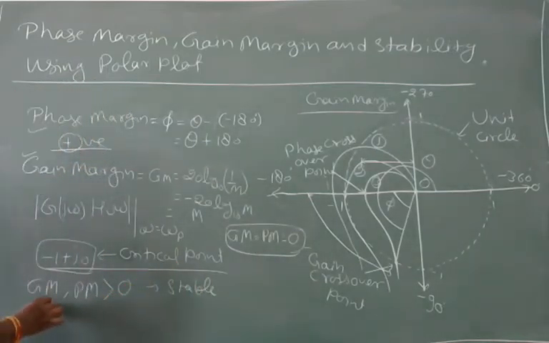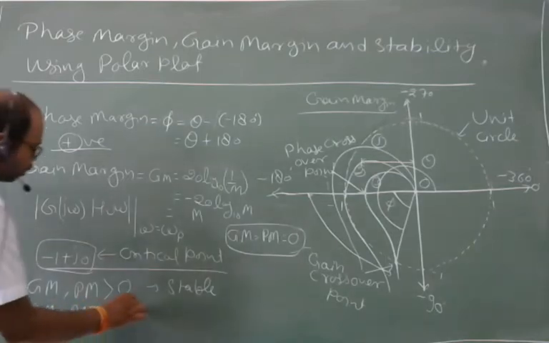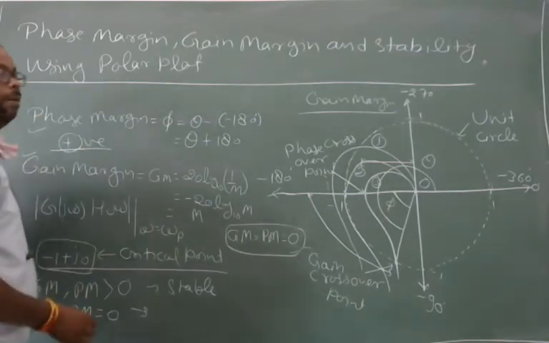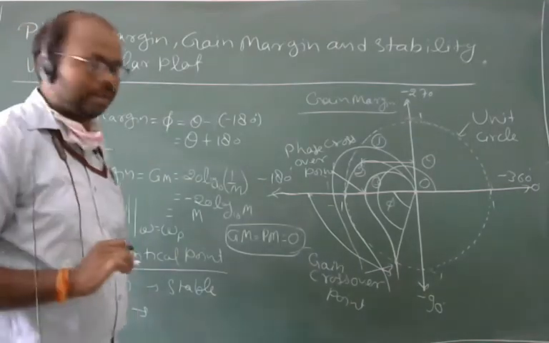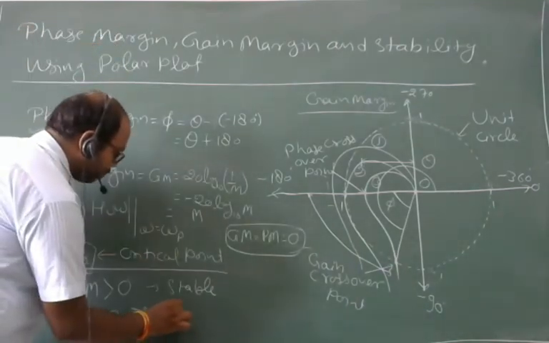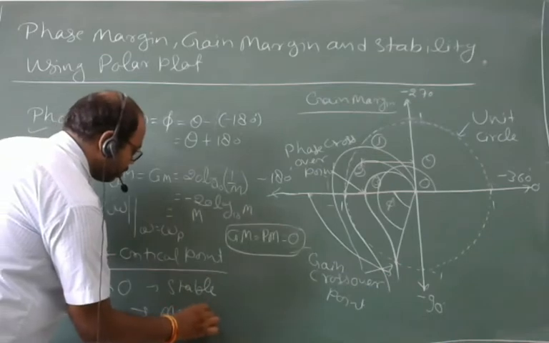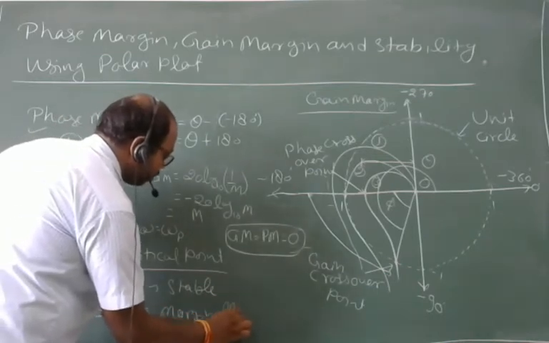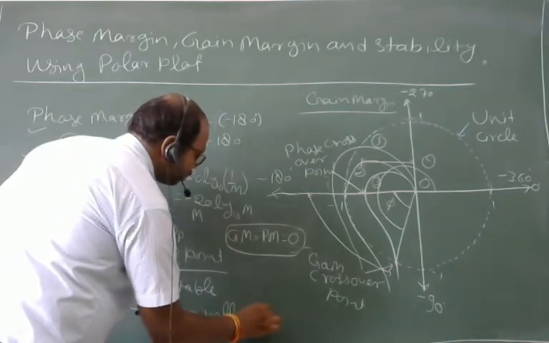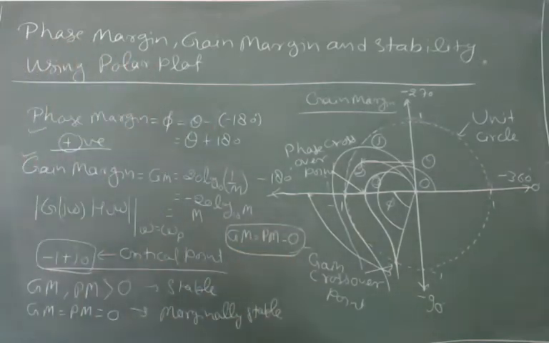Whenever gain margin is equal to phase margin is equal to 0, the system is marginally stable, right?